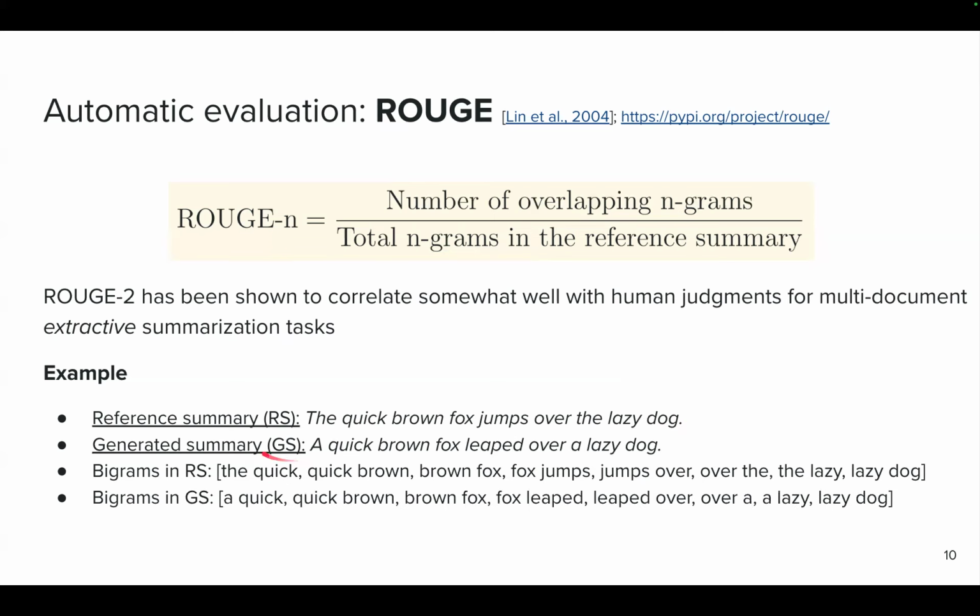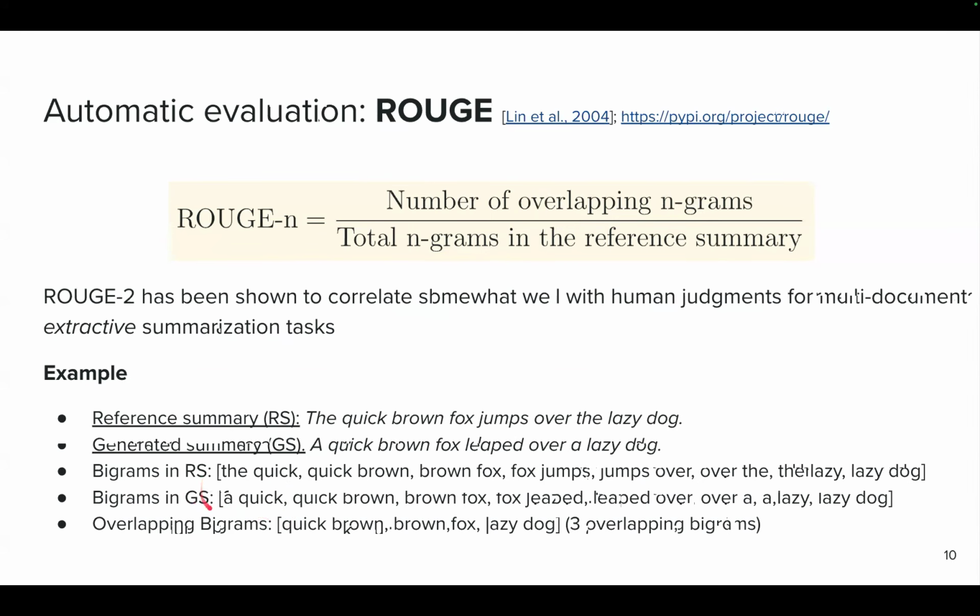If we check what the bigrams in the generated summary are, we would get this list, and then we will calculate the overlapping bigrams, meaning bigrams that occur both in the reference and the generated summary. There are 3 of them, and then our Rouge 2 for this example will be 3, because there are 3 bigrams that occur both in the reference and generated summary, over the number of bigrams in the reference summary, which will be 3 over 8. And this is going to be the quality of the generated summary in this very silly example.